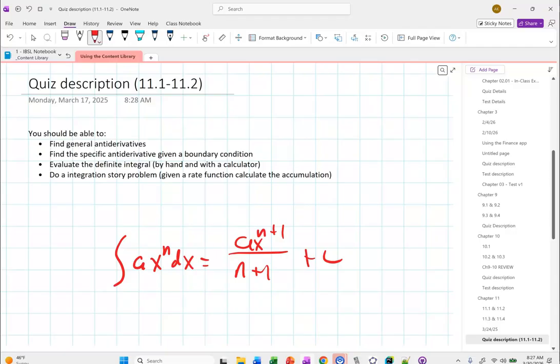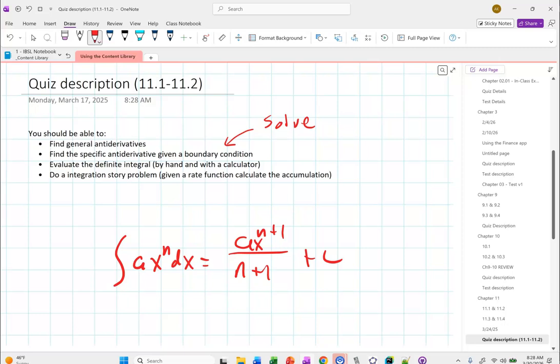Find the specific antiderivative given a boundary condition. That means you're going to plug in the x and y when you're done with your antiderivative and solve for c. Find the definite integral by hand and with a calculator. You should know how to do both. And then be able to do an integration story problem.